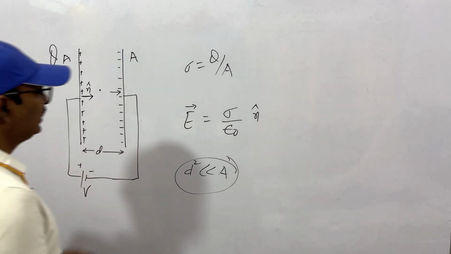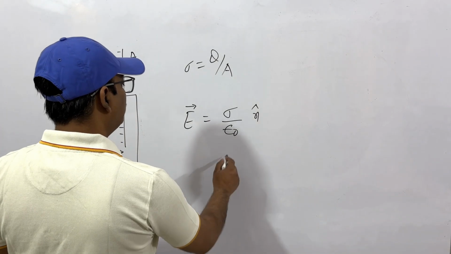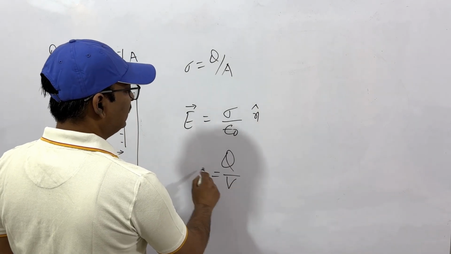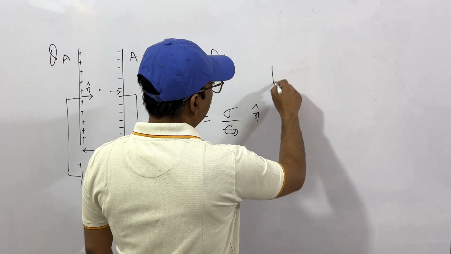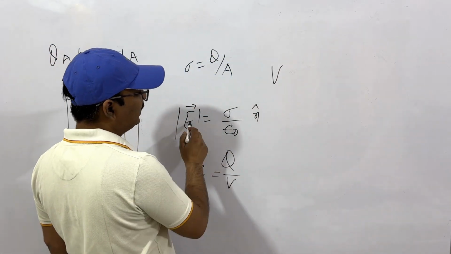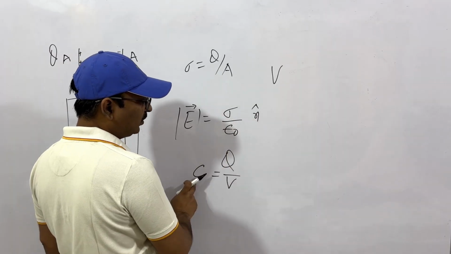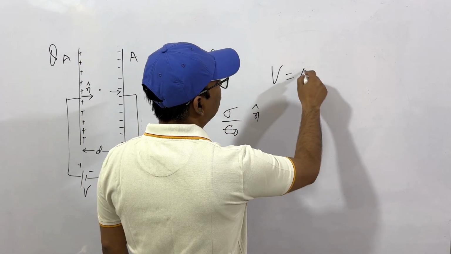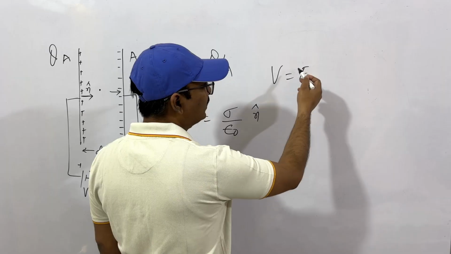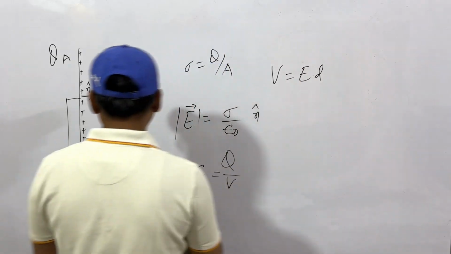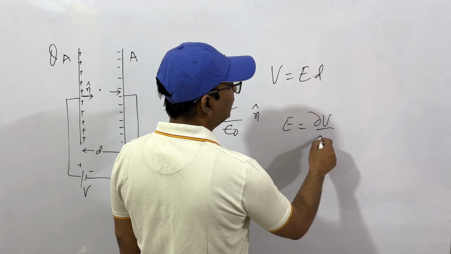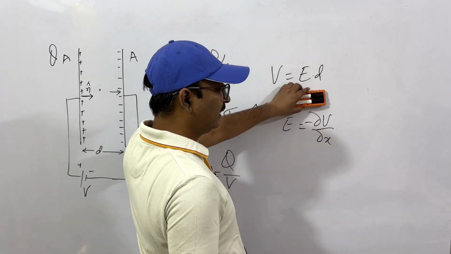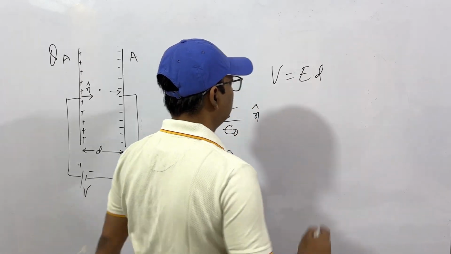Now I told you Q by V is C, but we need to know the relation between V and E, so that we get a formula for capacitance. V is the magnitude of the electric field intensity times the distance. You know this. Why? Because E is given as minus del V by del x, the electric field is the spatial gradient of potential.